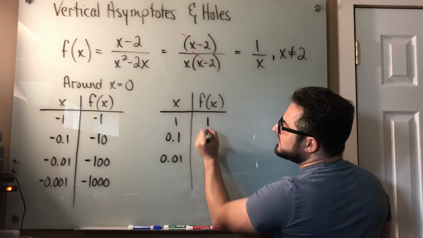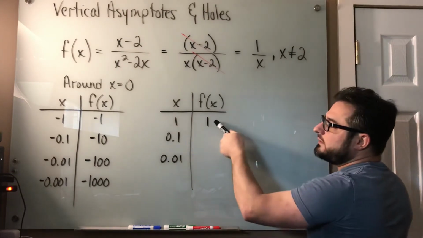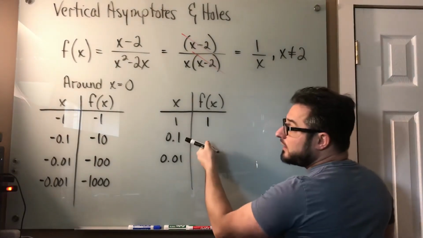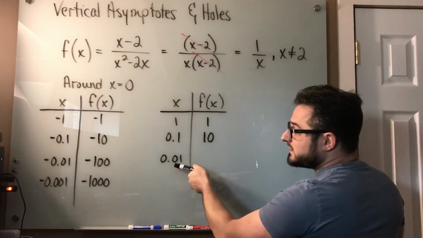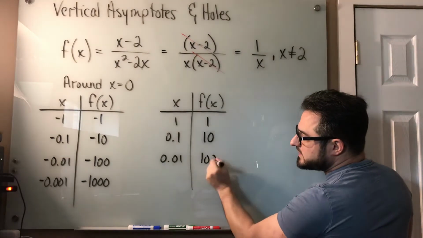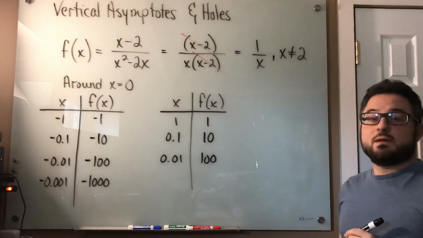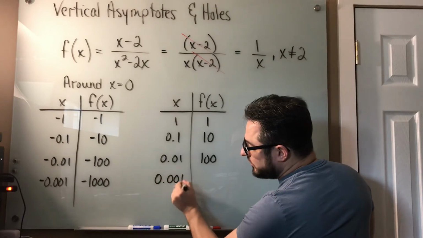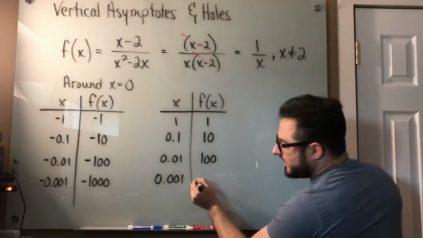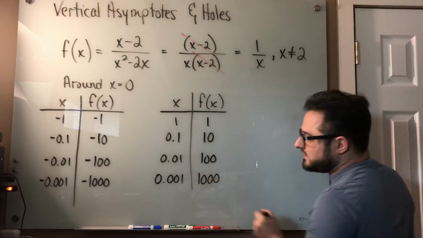Repeating this for the positive side, when x is 1, the output is 1. When x is 0.1, the output is 10. When x is 0.01, the output is 100. And again, if we were to continue this and go to 0.001, the output value would be 1,000.